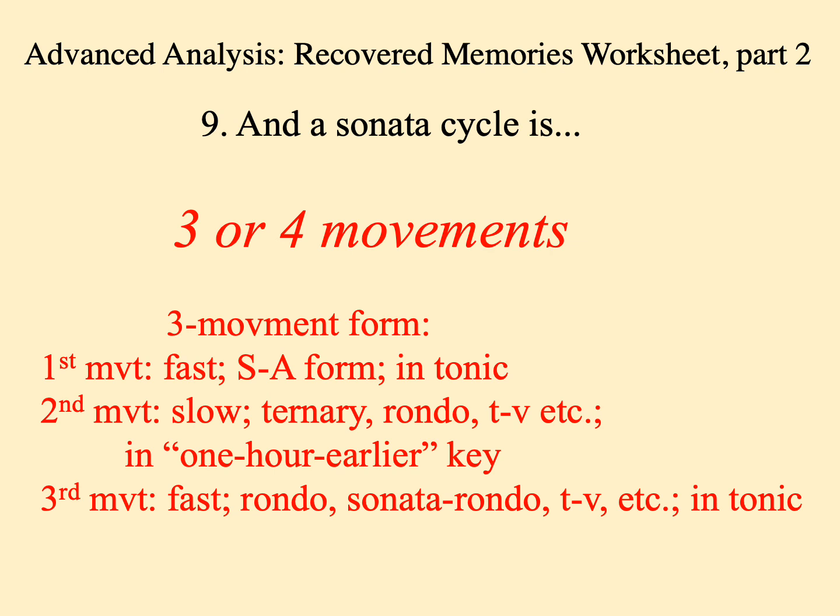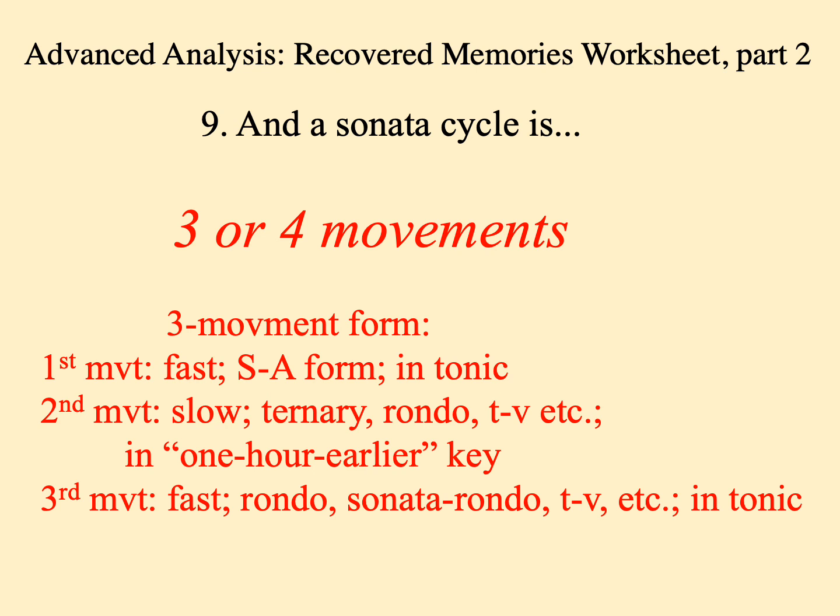And the key design is a little bit tricky. I call it the 1 hour earlier key approach. And that's basically where if you think about your keys in sort of a circle of fifths way, then if your first movement was in C major, right, the key of C major, no sharps and flats, is at the top of the clock there at 12 o'clock. If you set that clock back 1 hour to 11 o'clock, you're going to the key of 1 flat.